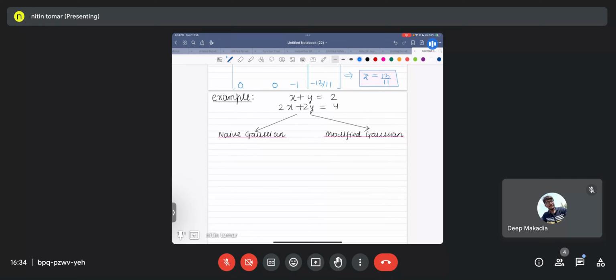So if you follow the naive Gaussian method, then it will give you 1, 1, 2, 2, 2, 4. And directly you can say R2 goes to R2 minus 2R1, right?